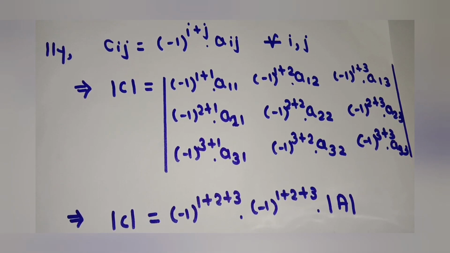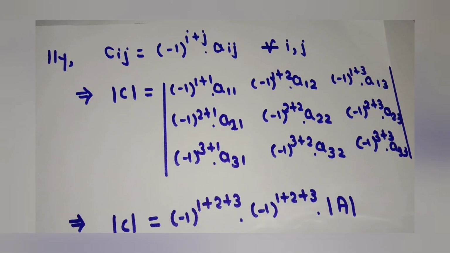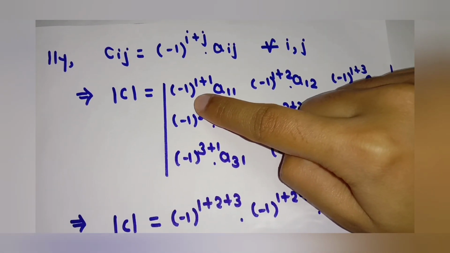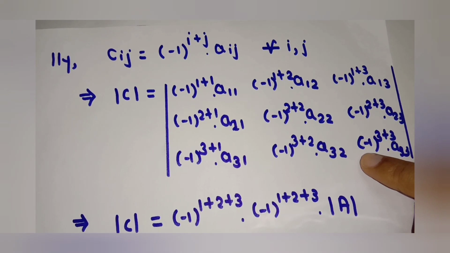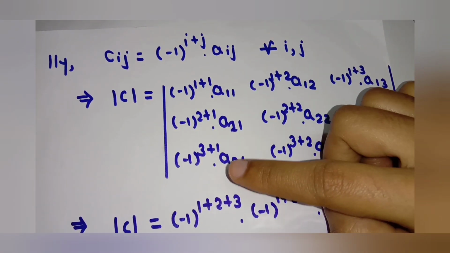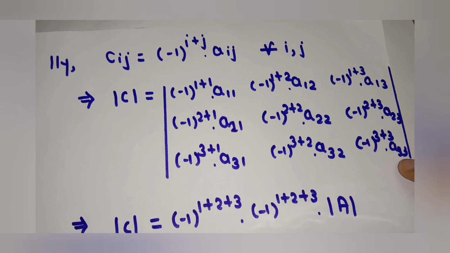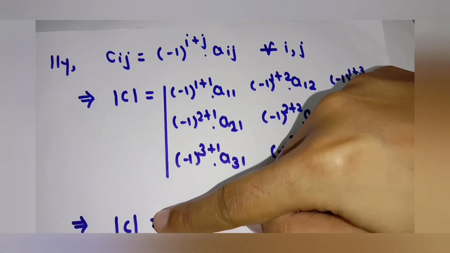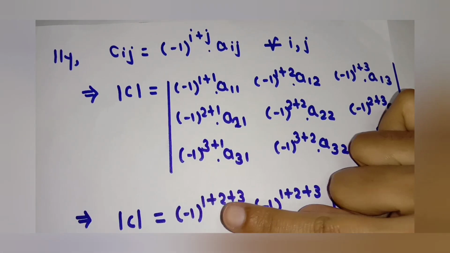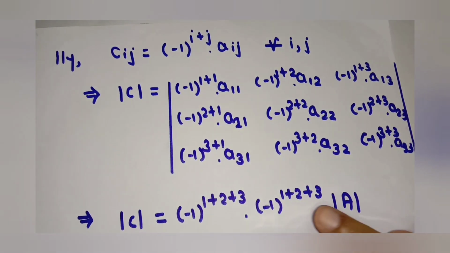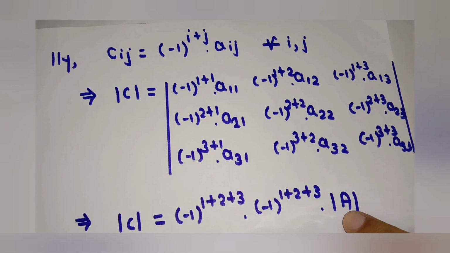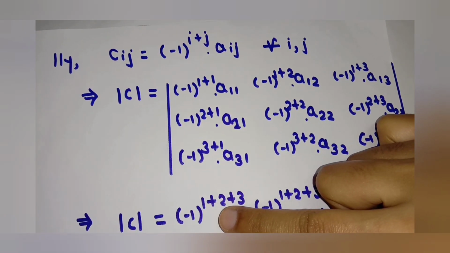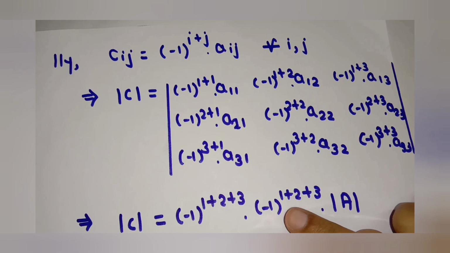Now by using the property of determinant, take minus 1 common from row 1, row 2 and row 3. Similarly, take minus 1 common from column 1, column 2 and column 3. Then we get determinant C is equal to minus 1 raised to 1 plus 2 plus 3 into minus 1 raised to 1 plus 2 plus 3 into this determinant A. This first minus 1 is from row and this minus 1 from column.